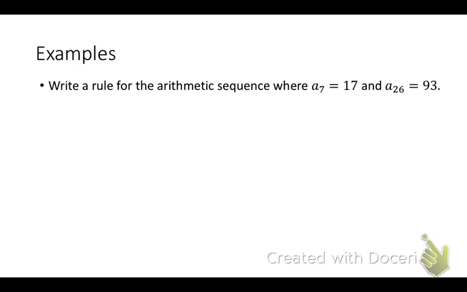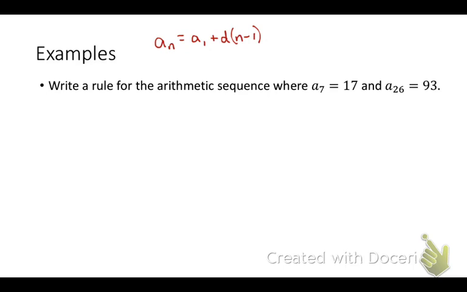Whereas here, I'm not given anything. I am given something, but I'm not given anything that is relative to what I need. So before, first thing I was given everything. The second case I was given the difference and I needed to find the first term.